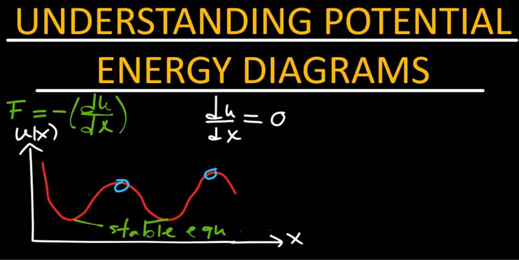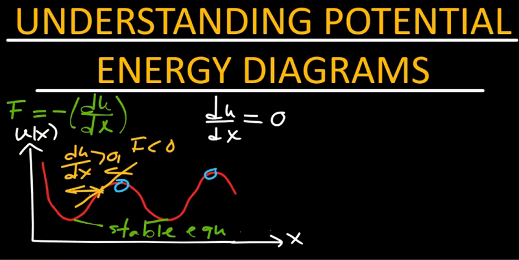Let's see what happens when the glider is slightly to the left of such a maximum point. Over there, you see the slope is positive. So that means the force is negative, meaning when the glider is slightly perturbed so that its position moves slightly to the left, the force on it now will be leftward. And this tends to push the particle further from that point. Same thing happens when the glider is to the right of the maximum point.